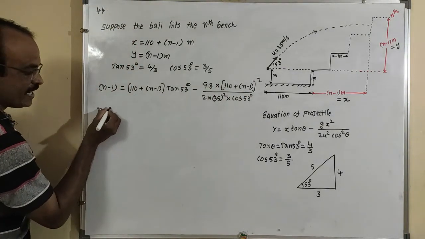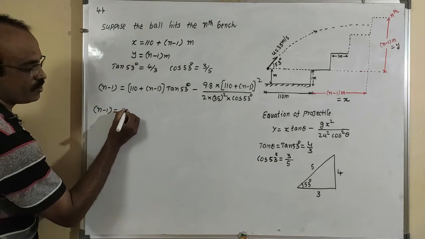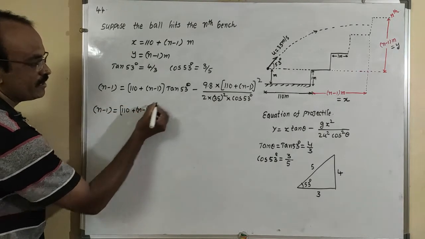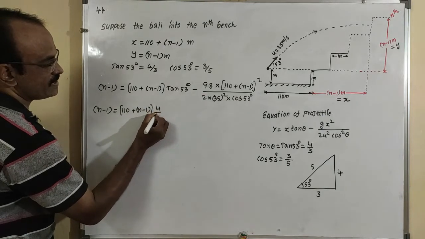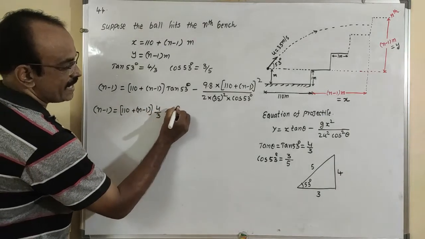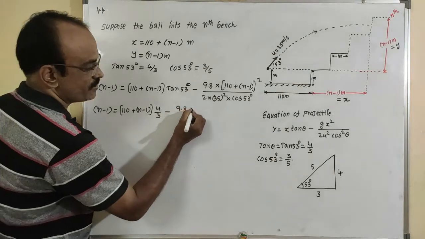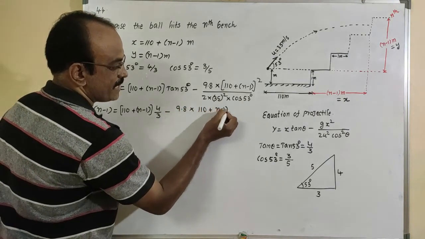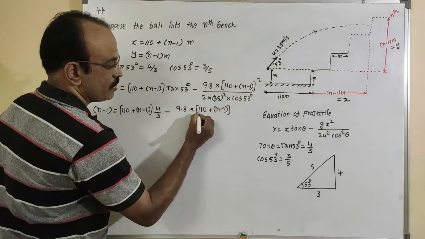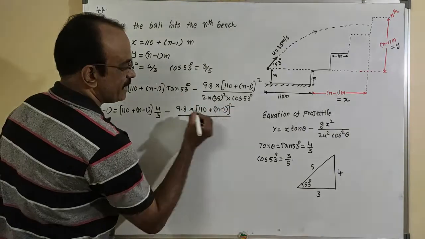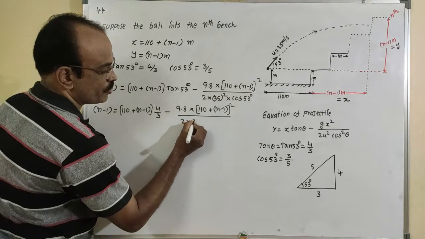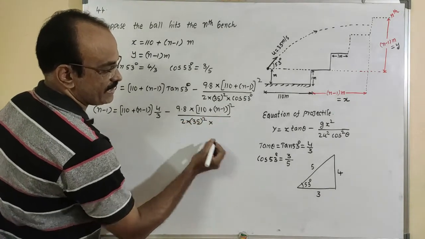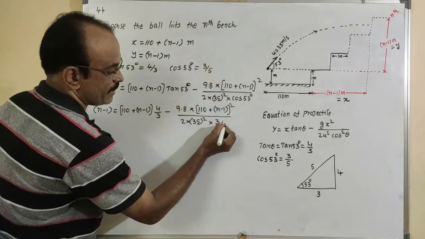So n minus 1 is equal to 110 plus n minus 1 into tan 53 degrees, that is 4 by 3, minus 9.8 into 110 plus n minus 1 whole square divided by 2 into 35 whole square into cos 53, which is 3 by 5.